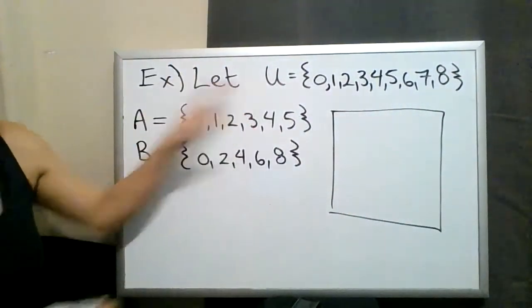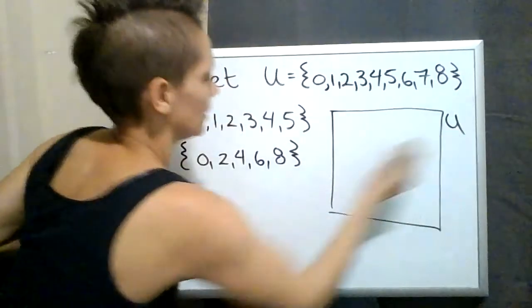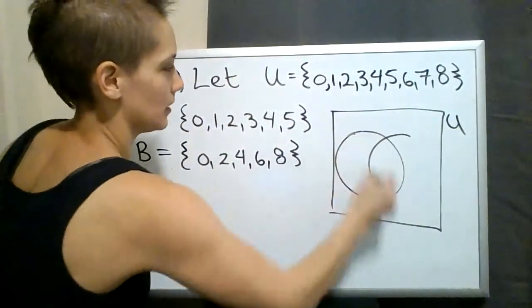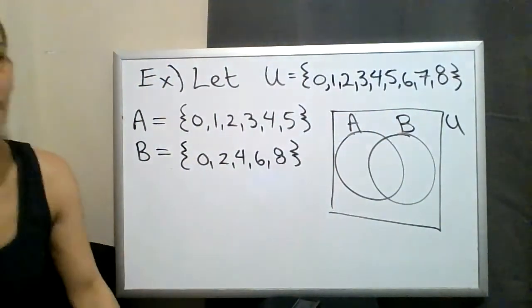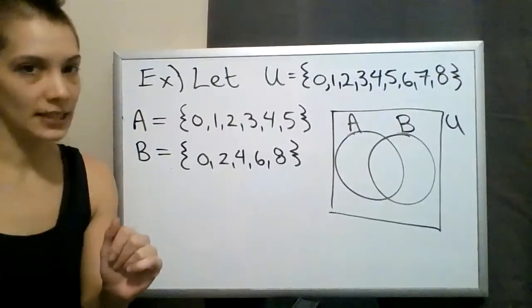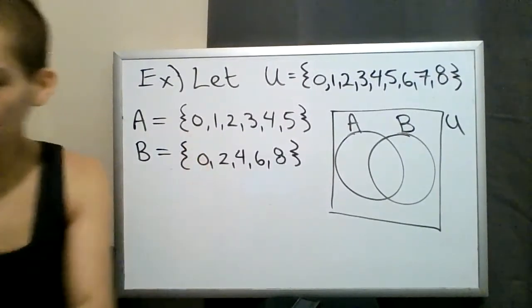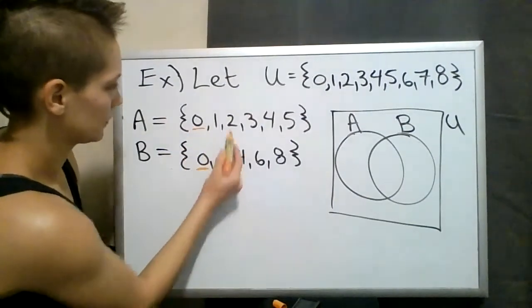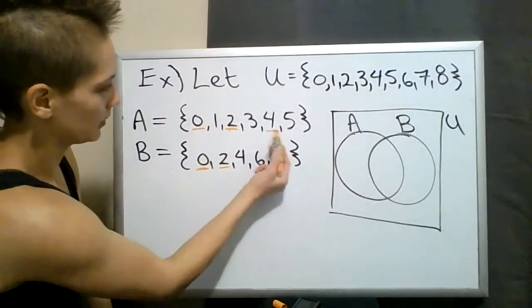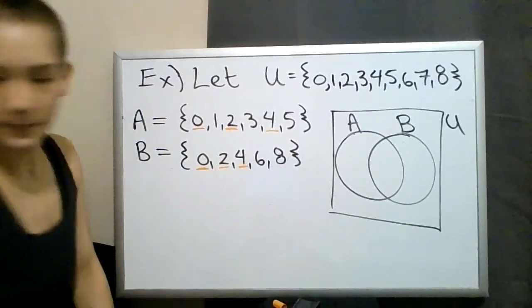So the universe is going to be our subsets A, B. So first, find anything in common, like 0, 2, 4.